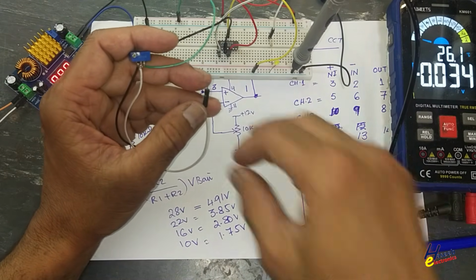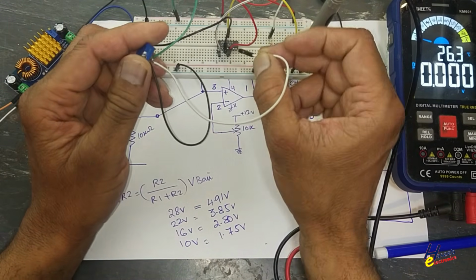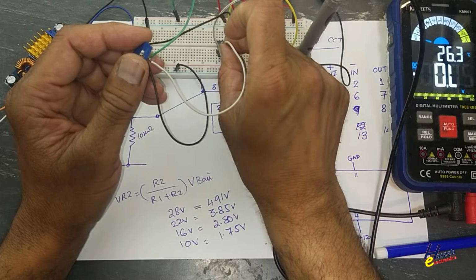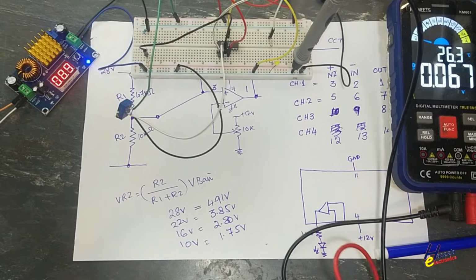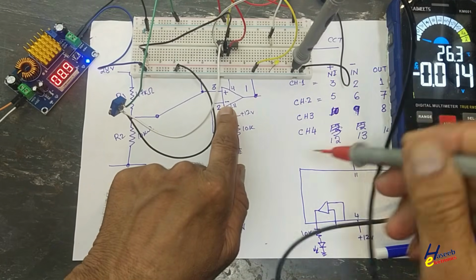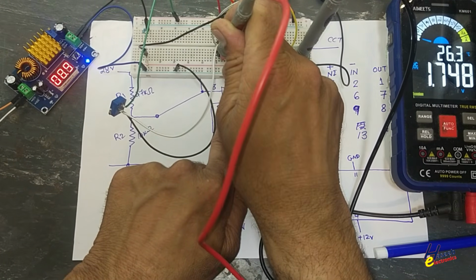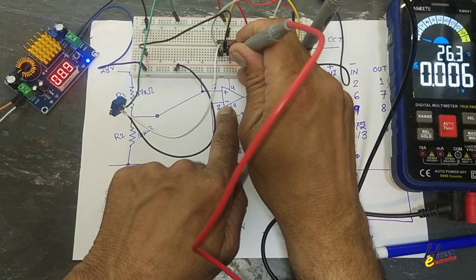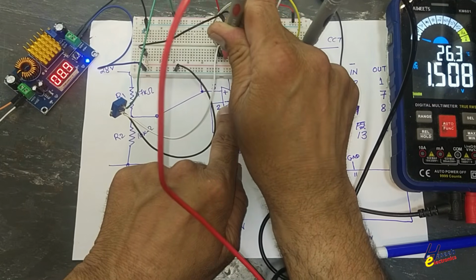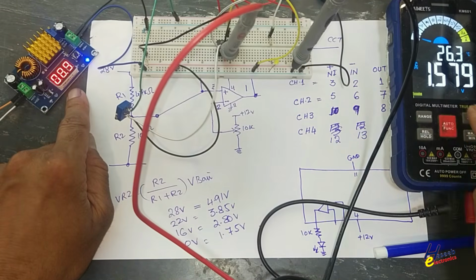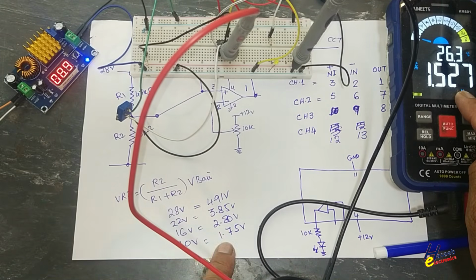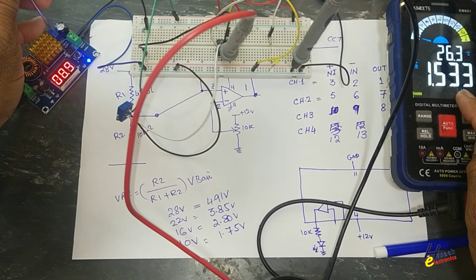I am using multi-turn potentiometer. Now I will feed this signal to pin number 2. At pin number 2, we have 1.748 volt, and this time battery voltage 9 volt and sense signal is 1.5 volt. Now I will increase battery voltage.